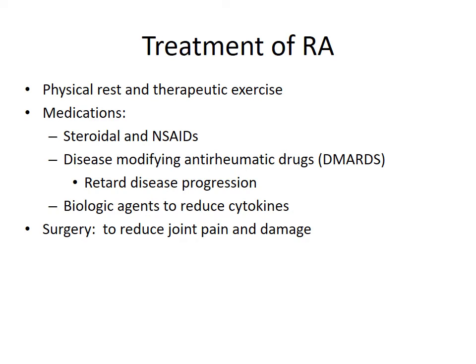These are drugs that slow down the progression of the disease, and they have also created different biologics that antagonize the cytokines that are produced, so to hopefully keep them from being as active. If required, they can do surgery to change the angle of the joints and help reduce joint pain.